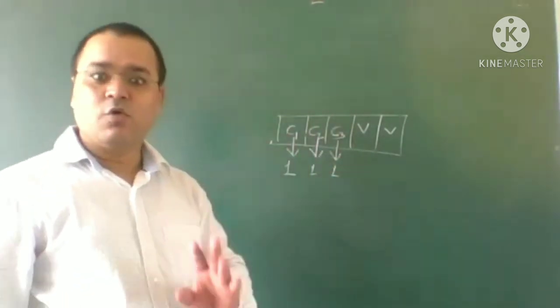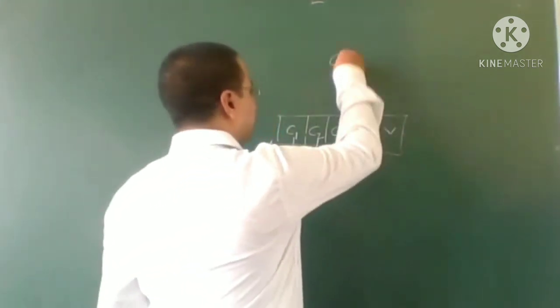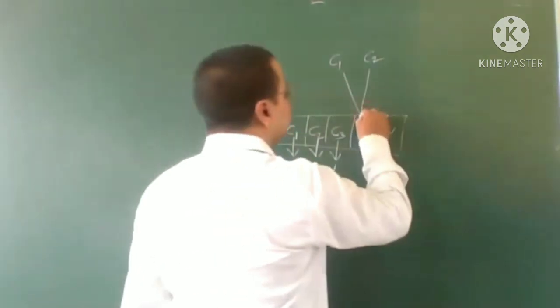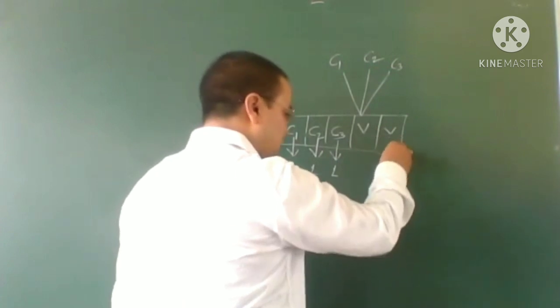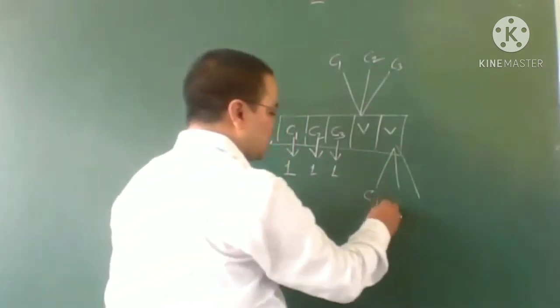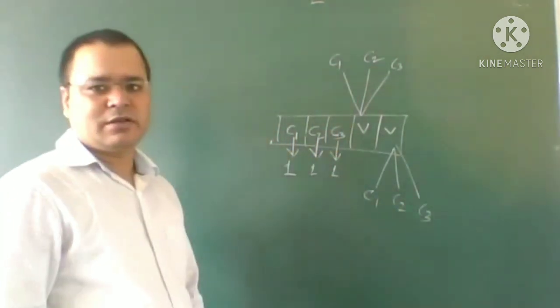Now how many choices does a voter have? Three choices. The first choice, he can give to the first candidate. Second choice, he can give to the second candidate also. He can give to the third candidate also. Similarly, the last voter also has three choices. He can give to the first candidate, second candidate, and third candidate. Getting?